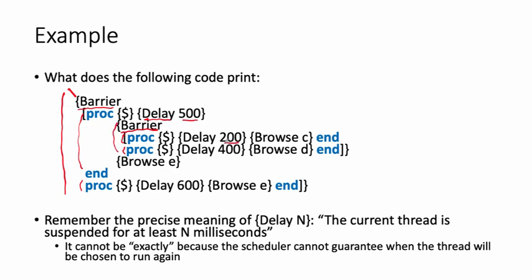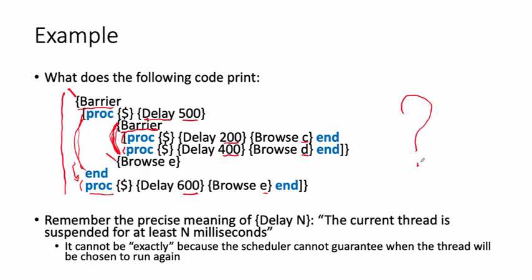The first one waits for 200, the second one waits for 400. And the first one will then browse C, the second one will browse D. And when both of these are done, the barrier, then we will browse E. All of this is going on concurrently with another procedure that will wait for 600 milliseconds and then browse E. So the question now is, what is this program going to display?